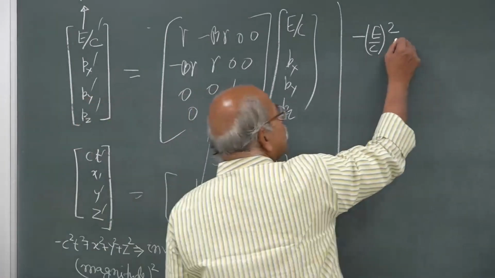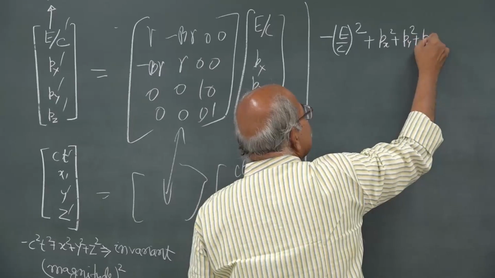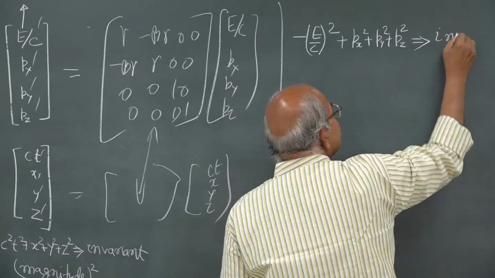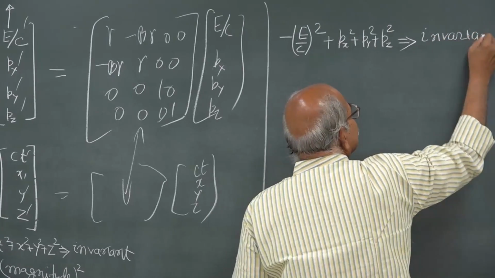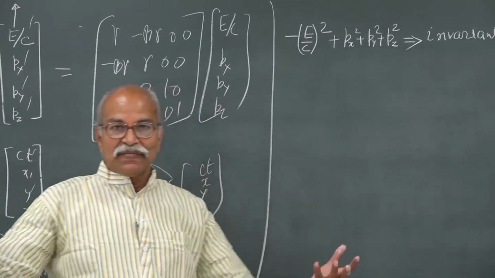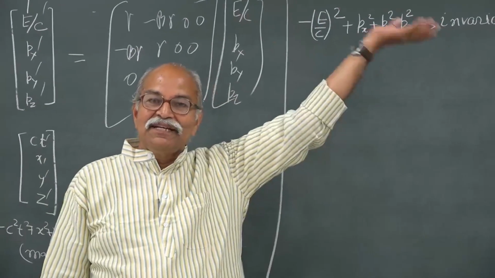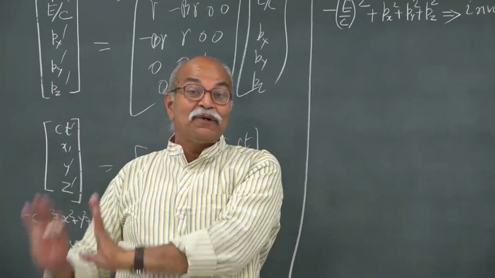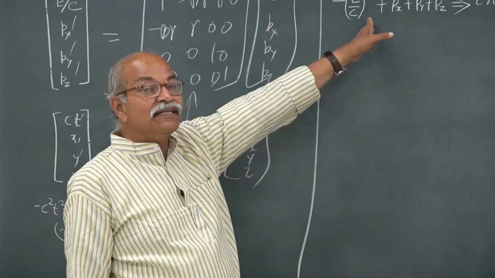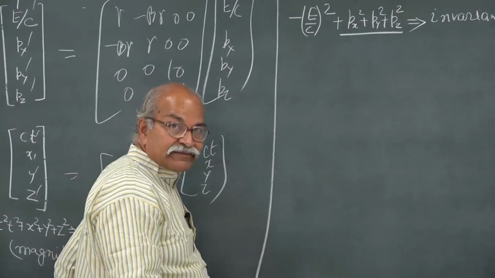So, this plus Px square plus Py square plus Pz square is that length square, and this remains invariant. When you do the Lorentz transformation, you get x, y velocity components, and from there you can write the linear momentum and total energy and all those things, but without doing all that algebra, I can state that this quantity is going to remain constant, and this is the magnitude of the linear momentum square.